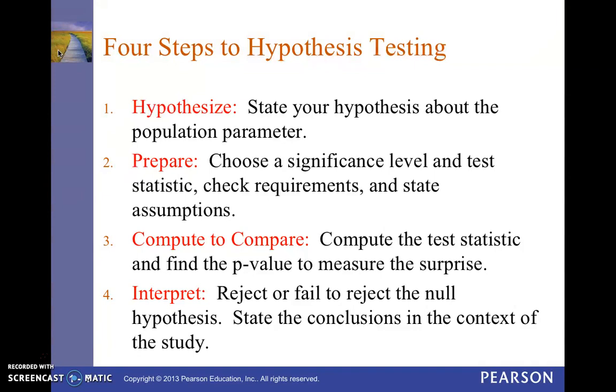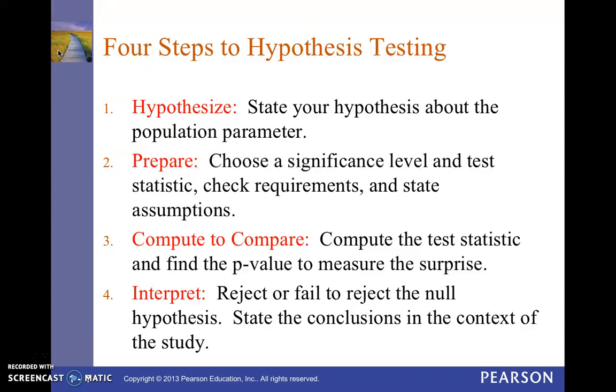If you reject the null hypothesis, then you're basically rejecting the idea that there's no effect. Or if you fail to reject the null hypothesis, think about what that is saying to you. It's saying that I can't reject the idea that there's no effect. So I'm kind of saying there's no effect. I know it's awkward language. I didn't invent it. But it's the way that we talk in statistical terms.